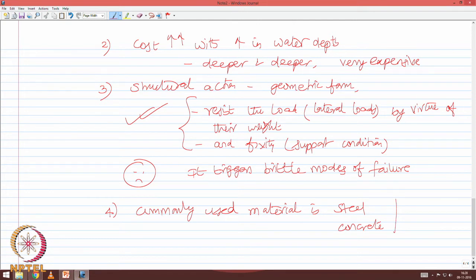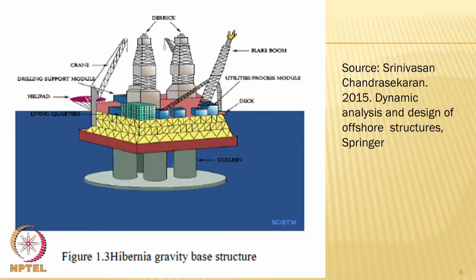A typical photograph of a fixed platform is shown on the screen now. It is a photograph of a gravity based structure taken from the source. The photograph clearly shows the complicated topside detail of a typical offshore platform.